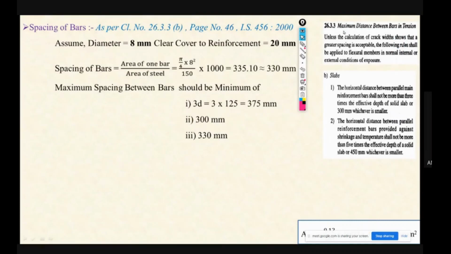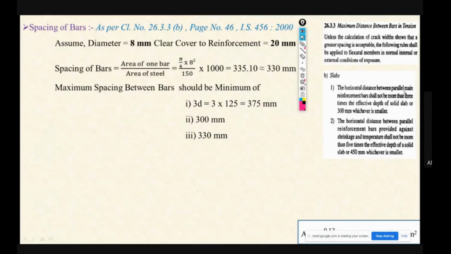First, we will discuss 26.3.3, maximum distance between bars in tension: unless the calculation of crack width shows that the greater spacing is acceptable, the following rules shall be applied to flexural members in a normal, internal, or external condition of exposure. There is also a point (a), but that point is not much important for the design. That's why I have directly considered point (b), that is slabs.